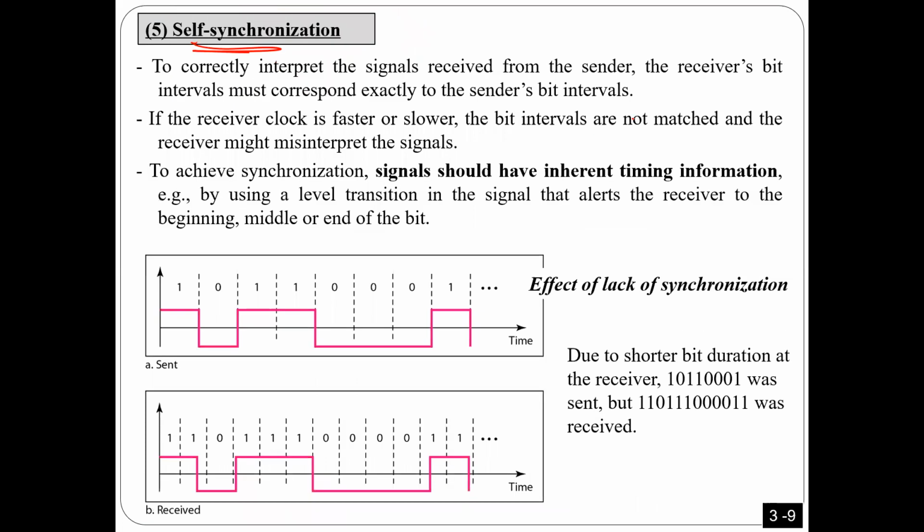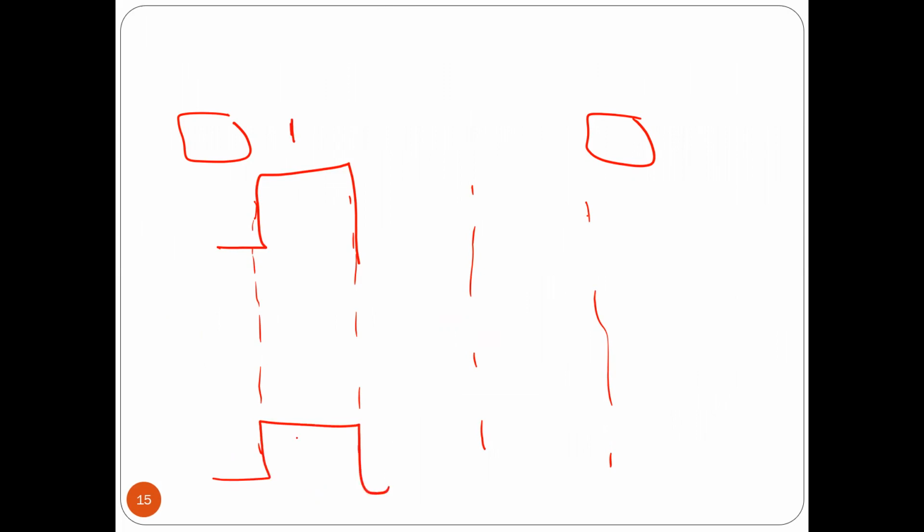Okay. So I'm going to make a quick revision on the synchronization problem I explained last time. The main idea here is that you have a sender and you have a receiver. When you transmit, let me first tell you the correct way, and after that I'm going to tell you what happens if there is an error. The correct way is that we have to use the same boundary for the bits at the sender and at the receiver.